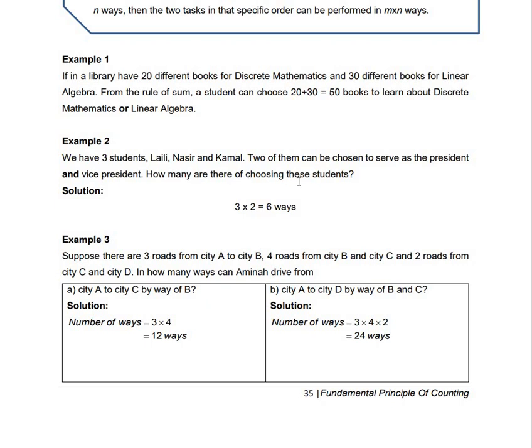How many ways are there of choosing these students? We have to choose 2. We cannot choose 1, we cannot choose 3. Only 2, for president and vice president. So we have 3 students for 2 positions, so 3 times 2. 3 students, 2 positions, meaning 6 ways. What does 6 ways mean? The choices you can make to combine the 2 students.